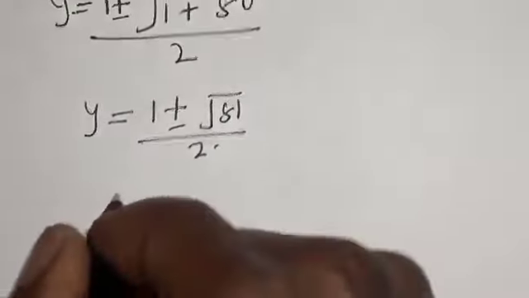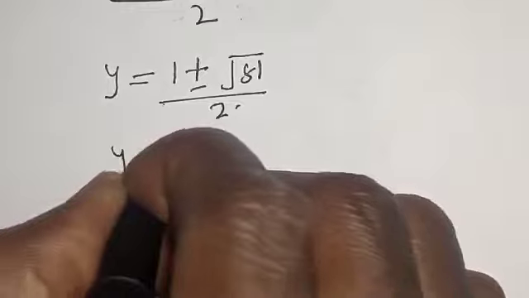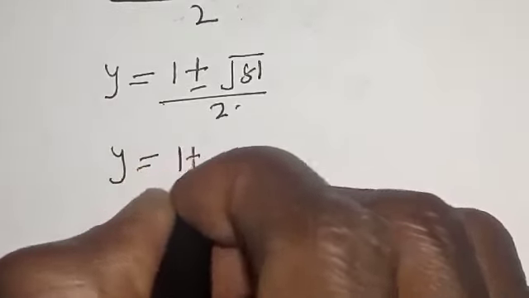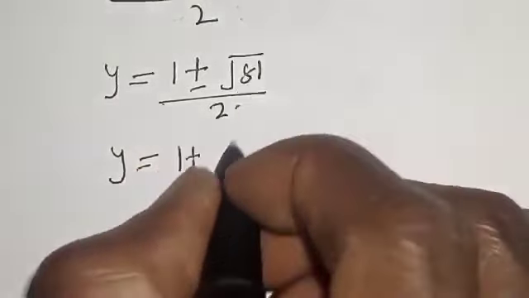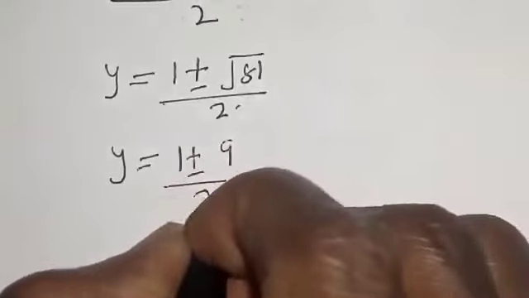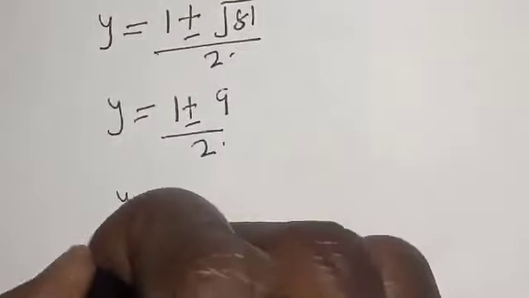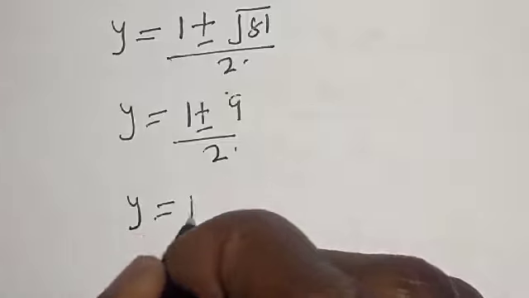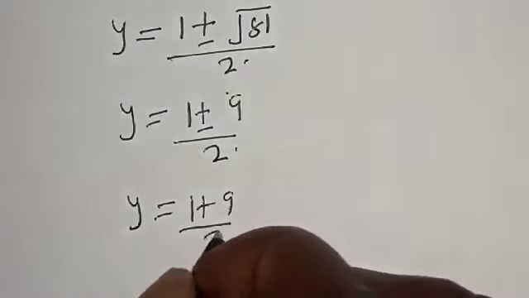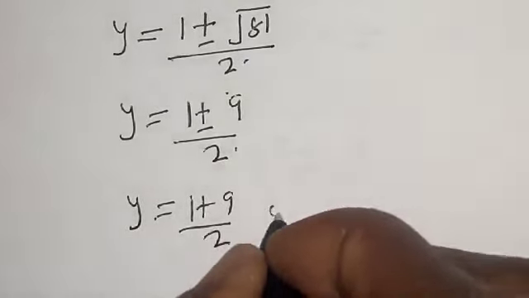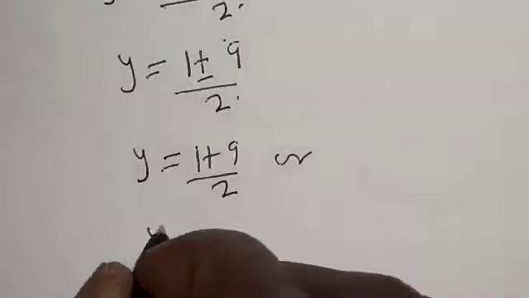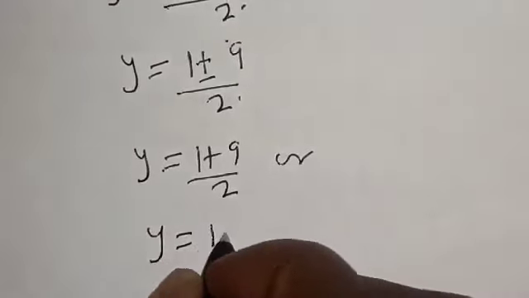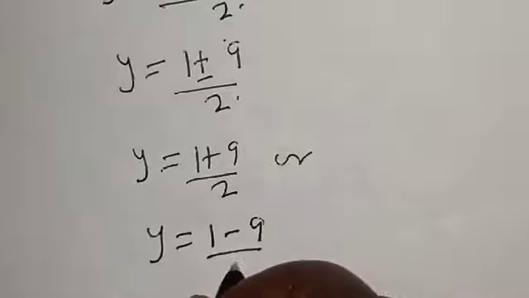Then y is equal to what? 1 plus or minus the square root of 81, that is 9, over 2. y is equal to 1 plus 9 over 2, or y is equal to 1 minus 9 over 2.